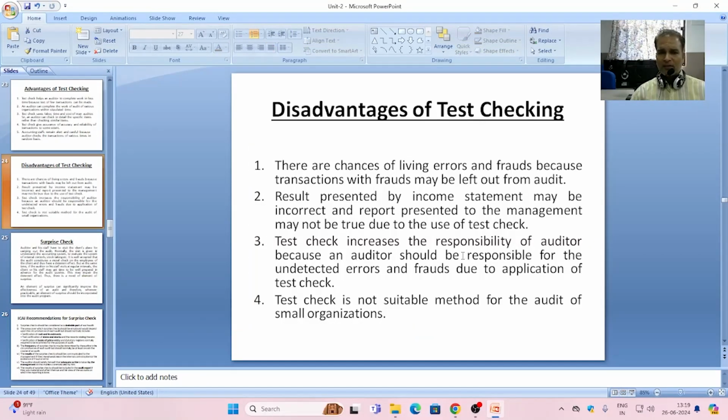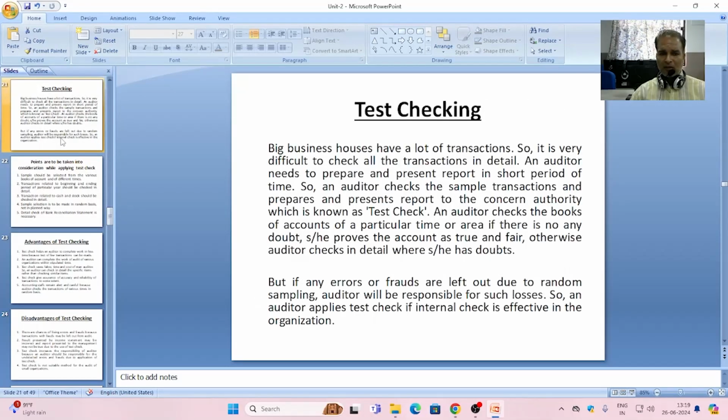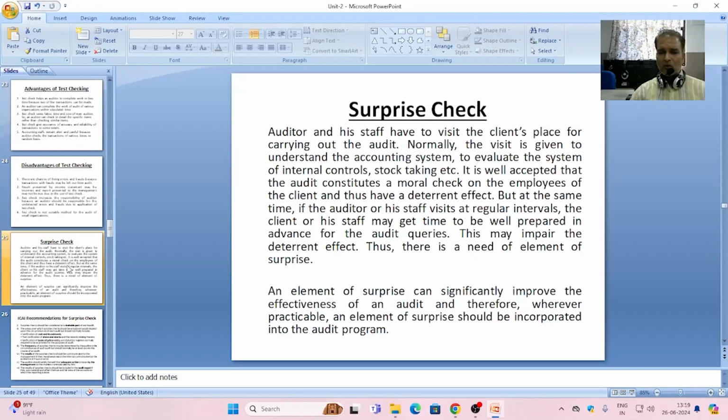Like test checking in the auditing process, the auditor can also use the technique of surprise check. Let me discuss surprise check. The auditor and his staff have to visit the client place for carrying out the audit work.